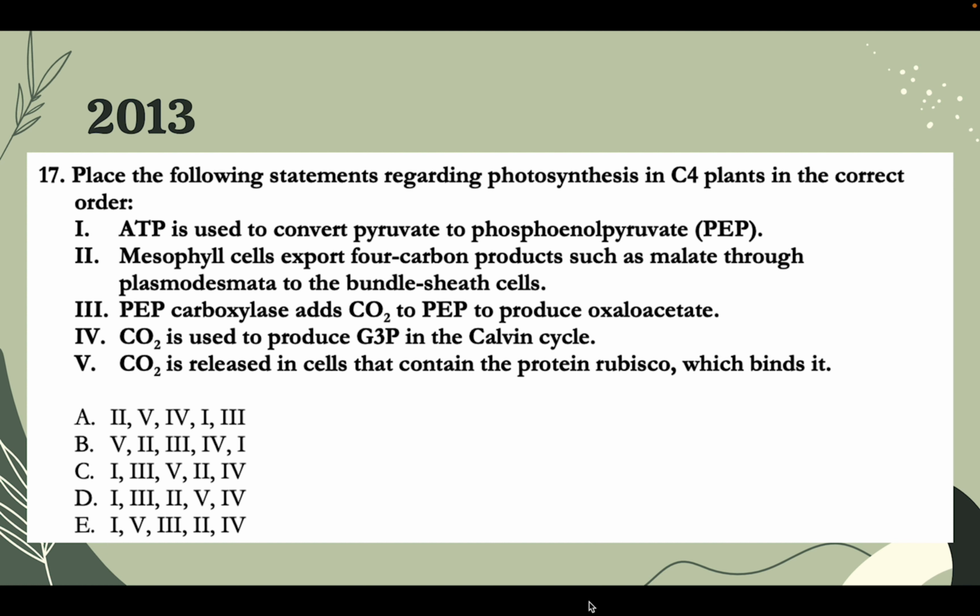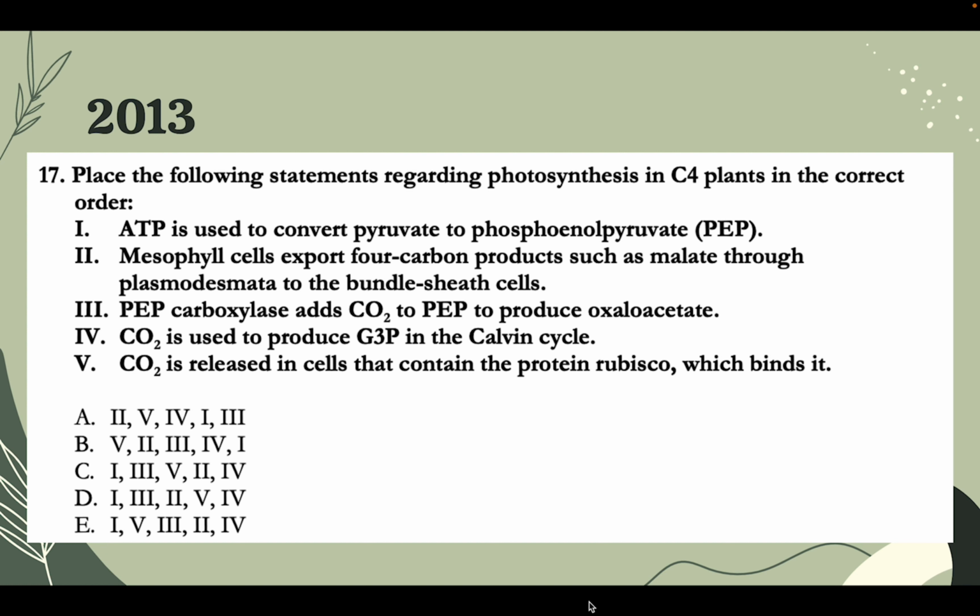Okay, so what this tells me is that the answer is either A or D because they have that same order. However, we're either starting with the mesophyll cells exporting malate or PEP being regenerated. And logically, it would make more sense to start at PEP being regenerated because you couldn't get the malate without having the oxaloacetate from the PEP first.